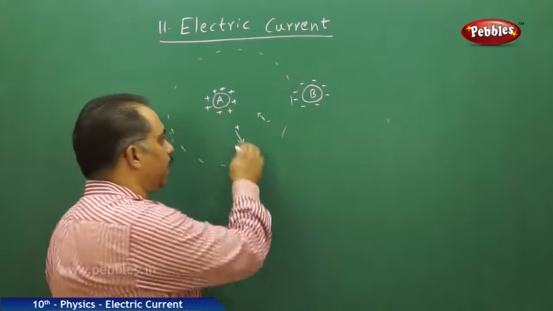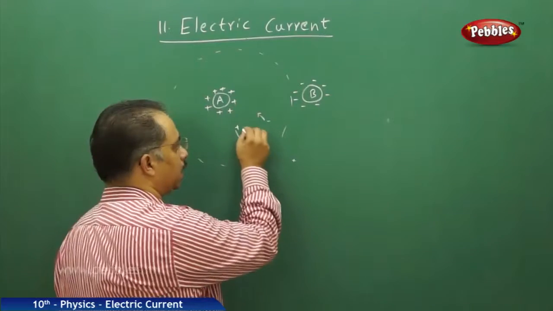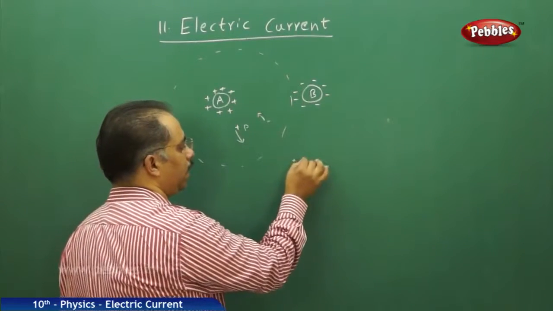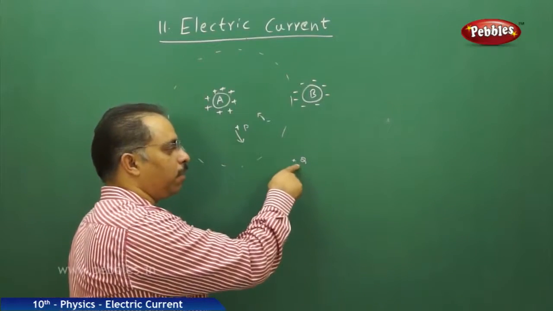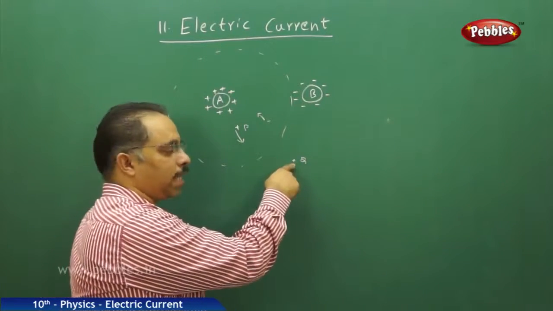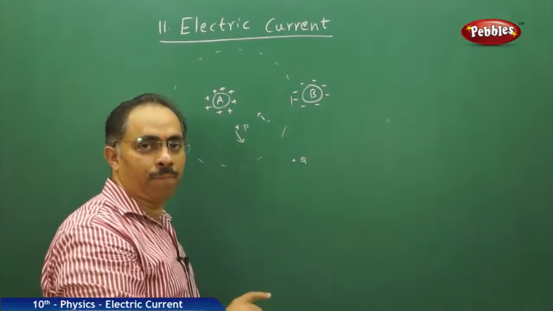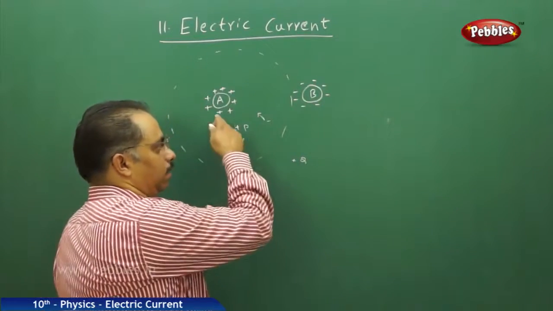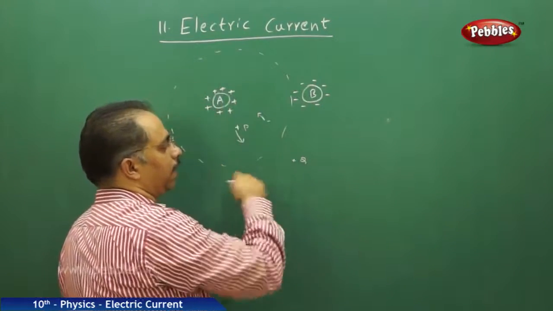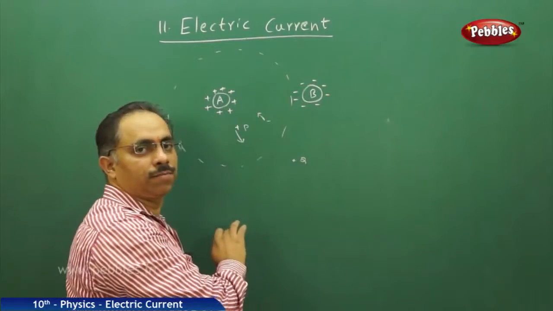Let us name this place point P and name this point Q. When I have a small positive point charge at Q, will it get influenced by this charged body A? Definitely not. Why? Because the electric field at this point, because of this charged body, is almost 0.